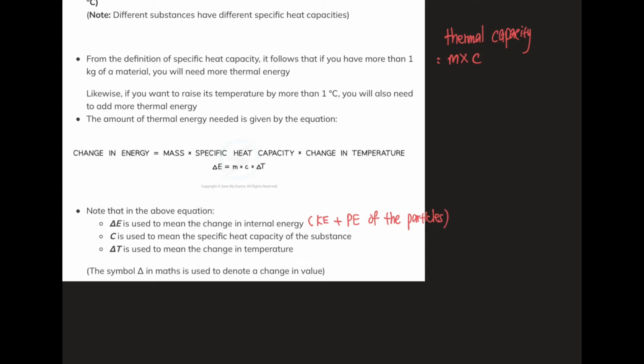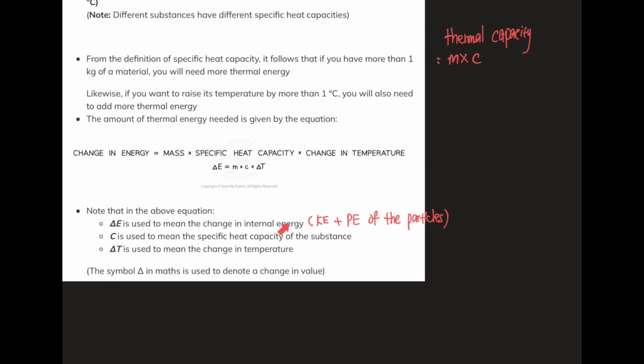KE is how fast the particles move. PE is related to the intermolecular forces of the particles, and when they have chemical bonds that link to each other, it affects the distance between the particles. So PE is also related to the distance between the particles. These two energies are collectively known as internal energy.